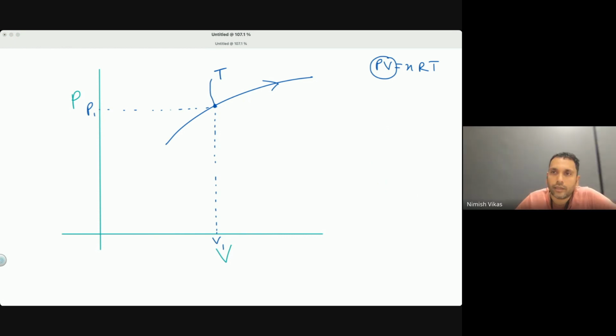Just tell me this temperature, say T1, or this temperature T2, which is higher temperature? Which is higher temperature, T1 or T2?